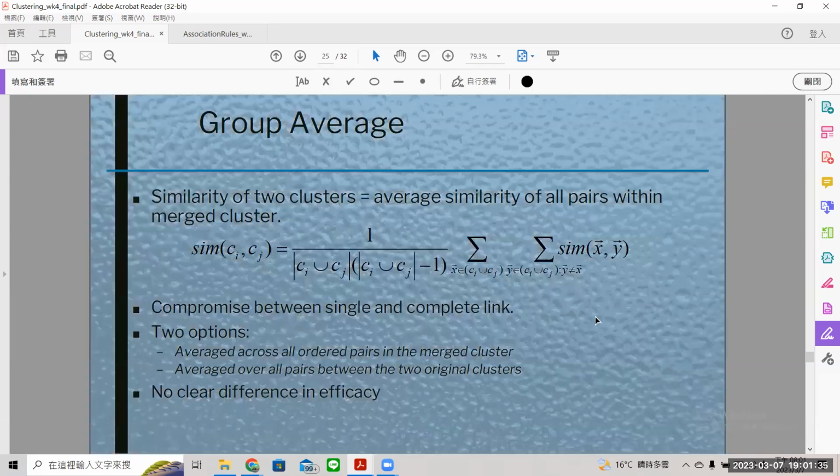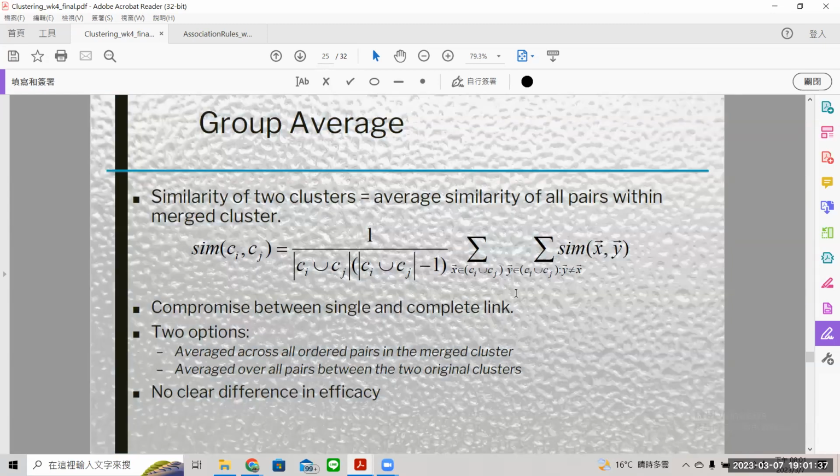After that we sum again, the first from the y side and the second from the x side, so this is the whole side. We compute all the similarities and average them, just like I said, and get this value.